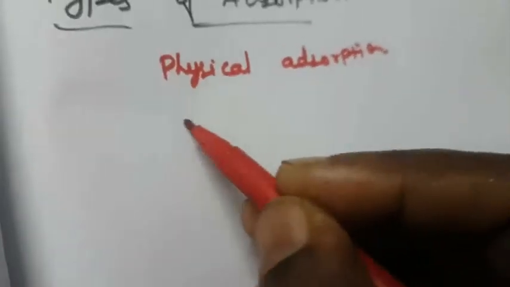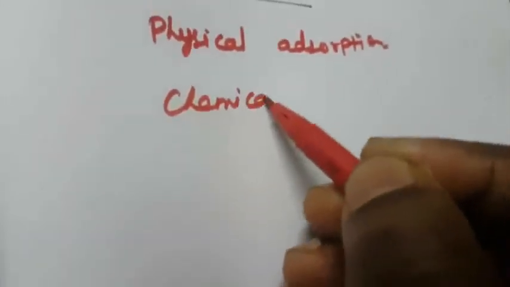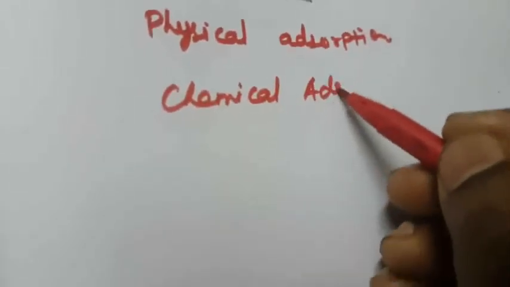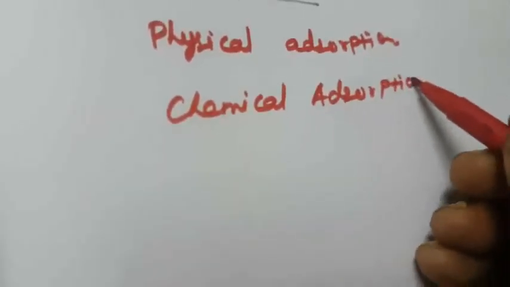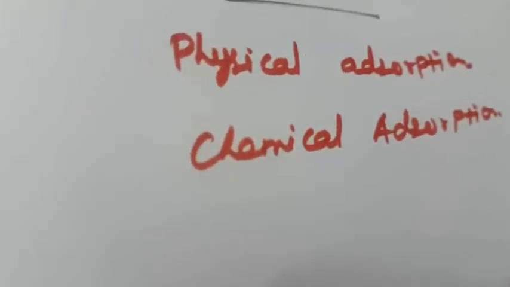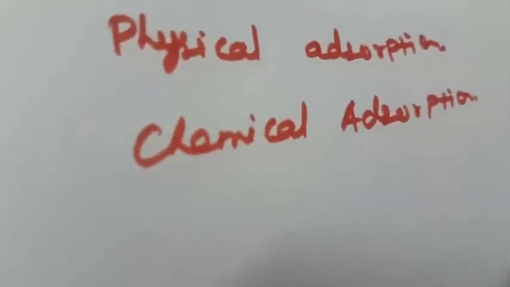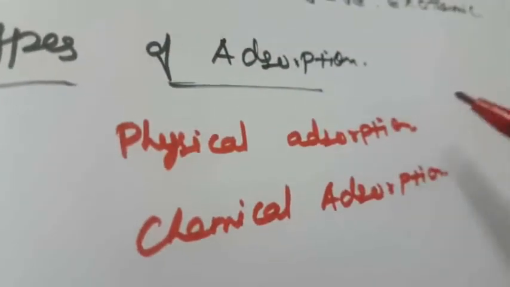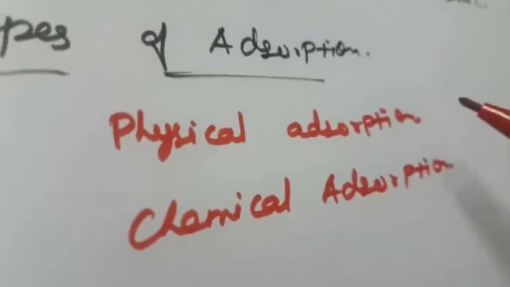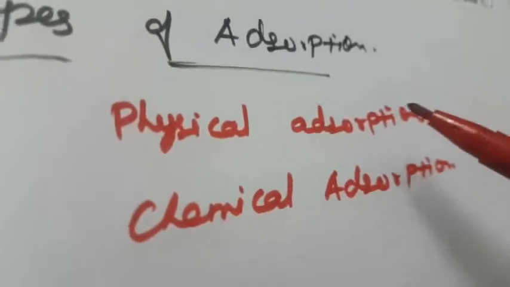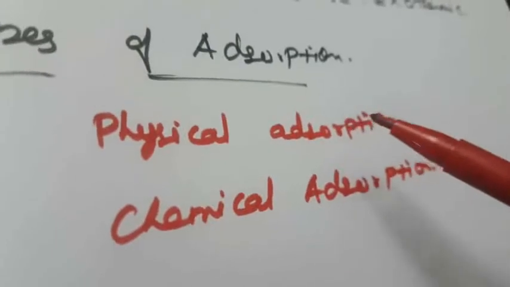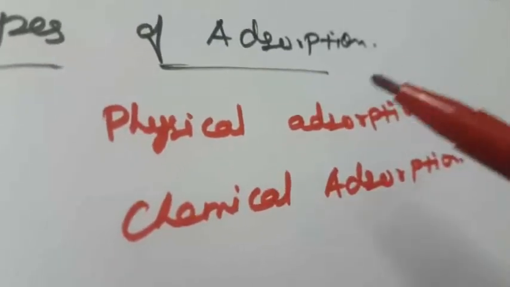It depends on the nature of the force acting on the surface. So it is classified according to the nature of the force acting between the adsorbent and the adsorbate. So that is called physical.